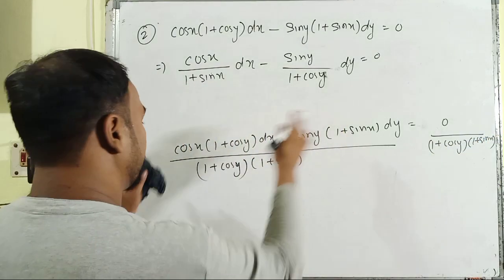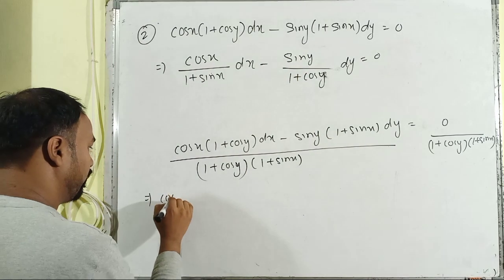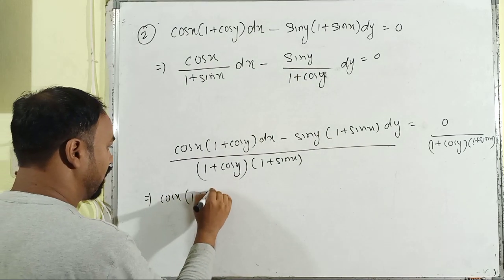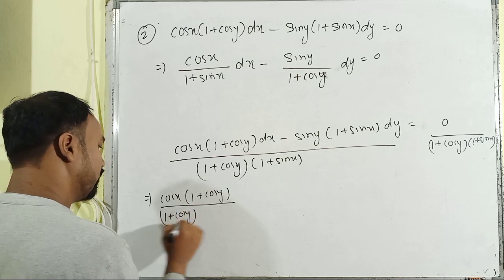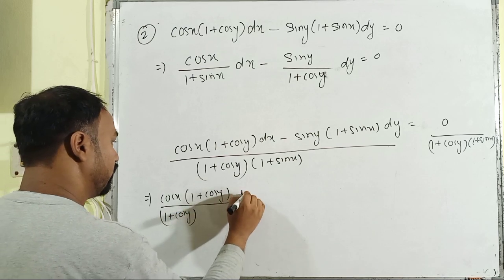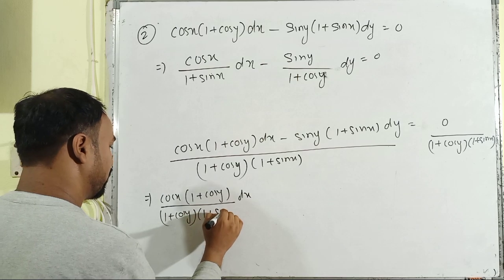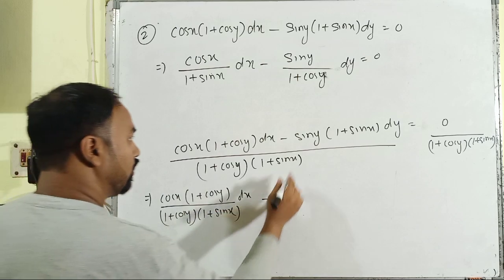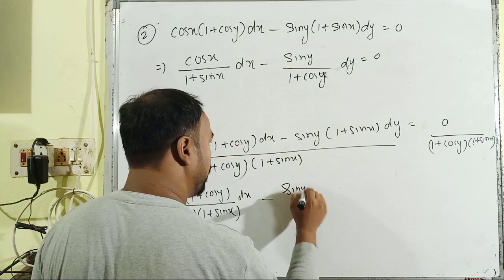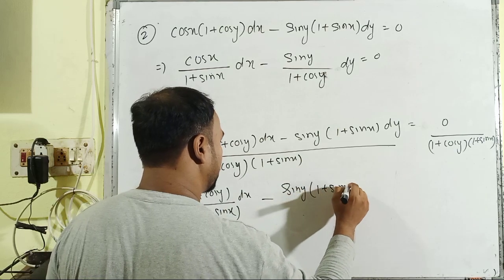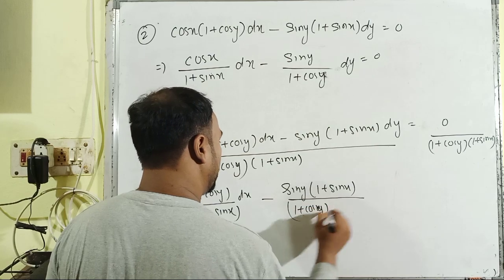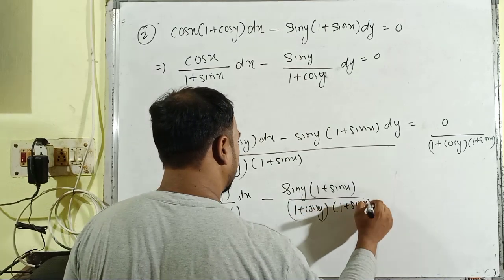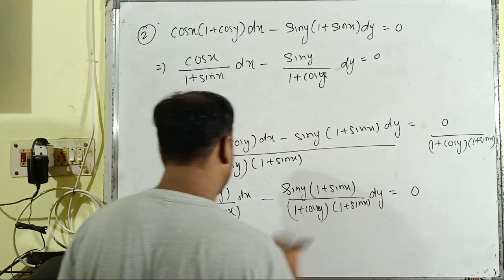Then just separate this equation, and it will become cos x (1 plus cos y) whole divided by 1 plus cos y and 1 plus sin x dx. Then this part becomes sin y (1 plus sin x) whole divided by 1 plus cos y multiplied with 1 plus sin x dy is equal to 0.